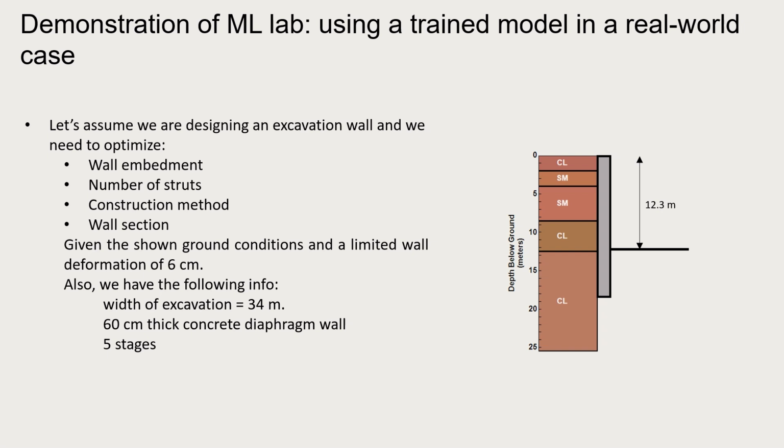So what we have: the width of excavation is 34 meters. We have a 60 centimeter thick concrete diaphragm wall that will be used, and the construction stages will be 5 stages. What we need to optimize is the wall embedment, the number of struts, the construction method, and the wall section.